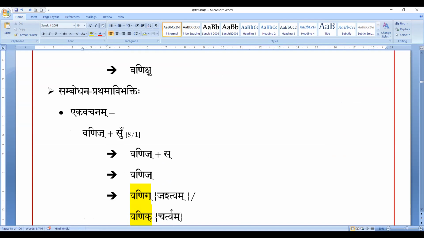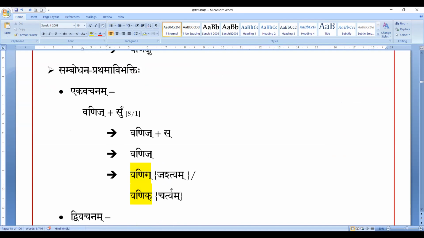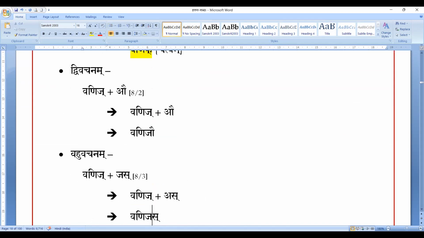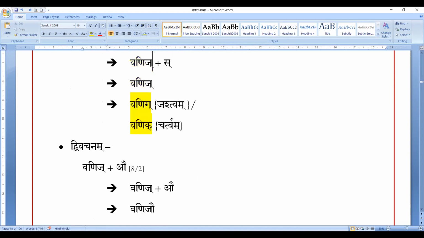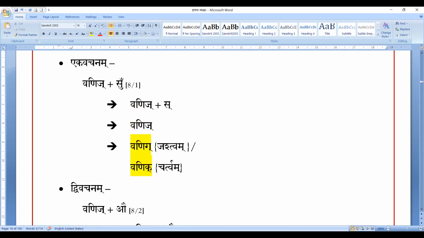Then Jashtva Vidhi, Chartva Vidhi, therefore you have two forms: He Vanik or He Vanig, He Vanijau, He Vanijah. Simple, same as Prathama Vibhakti only. There is no difference. So now you know all the Shabda Rupam.